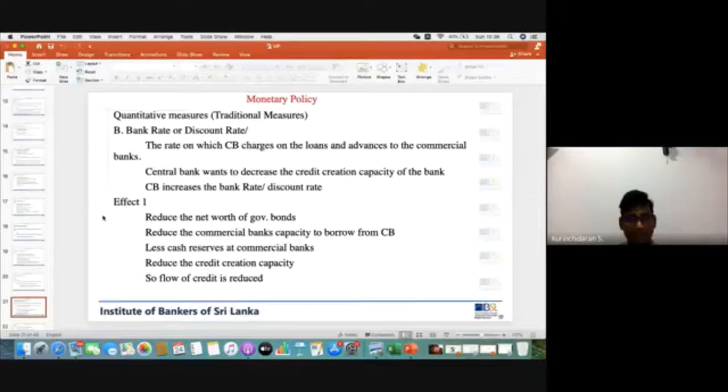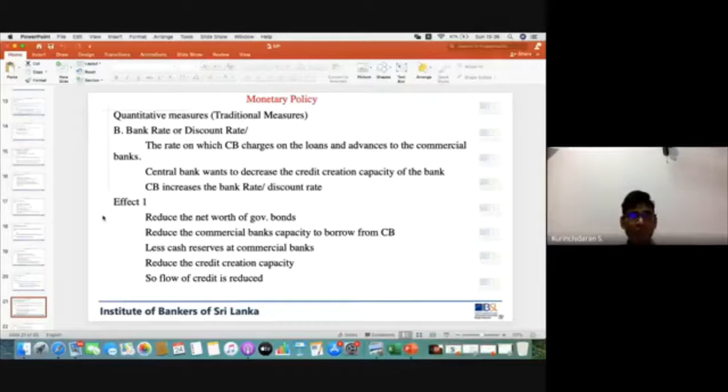We have already discussed, when the interest rate increases, the value of the bonds will decrease. When the interest rate decreases, the value of the bond will increase. That we have seen, negative relationship. So here, when the central bank increases the rate, the value of the bond will decrease.